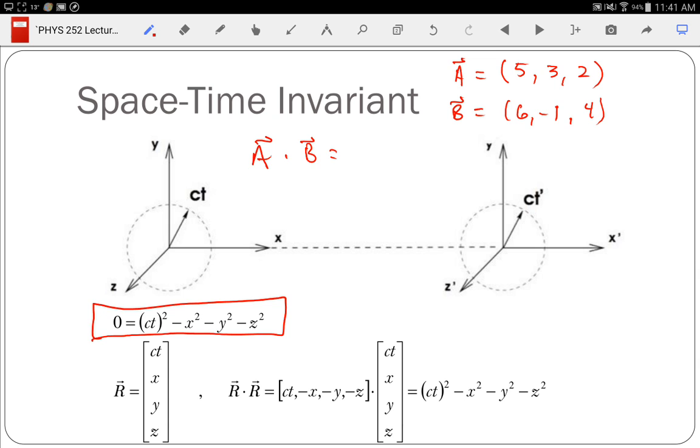You're in essence multiplying parallel parts, the corresponding components. So you multiply 5 by 6, plus 3 times minus 1, plus 2 times 4. And that's how you would find the inner product, the dot product.